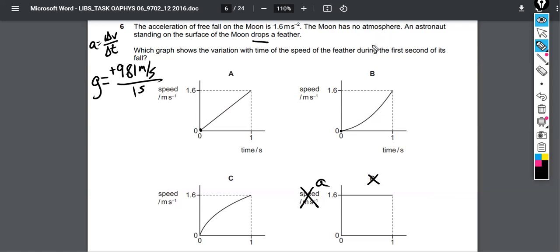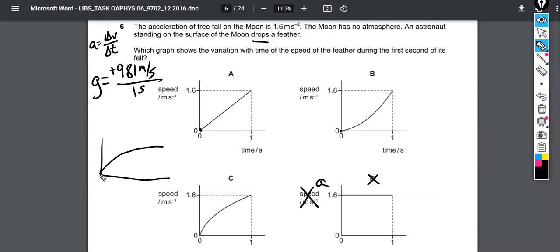If the moon did have an atmosphere, then we might expect a velocity time graph or a speed time graph to be one that's going to resemble something we've seen before, where it's going to level off and reach a terminal velocity, kind of agreeing with choice C, right? We've done some physics of skydiving before, and we looked at velocity as a function of time, and we remember the graph kind of looks like that.